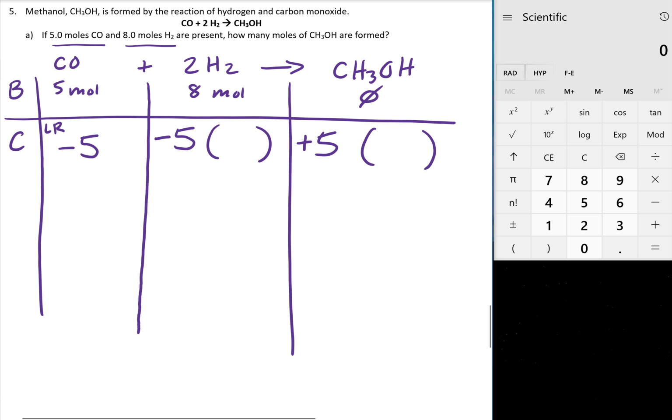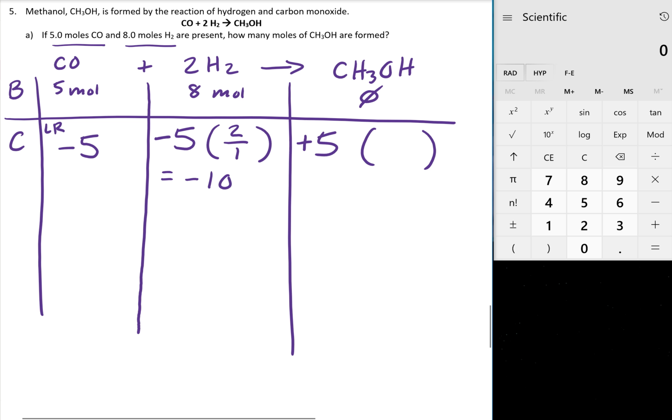So if I'm solving for the mole ratio of hydrogen, its coefficient is 2, so I'm going to place a 2 in the numerator. And the coefficient of our limiting reactant right now, carbon monoxide, is 1. So it's 2 over 1, and I'm going to solve this. 5 times 2 is 10, and that negative sign just gets carried down.